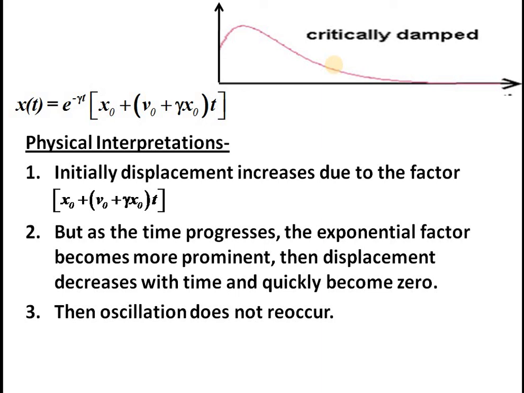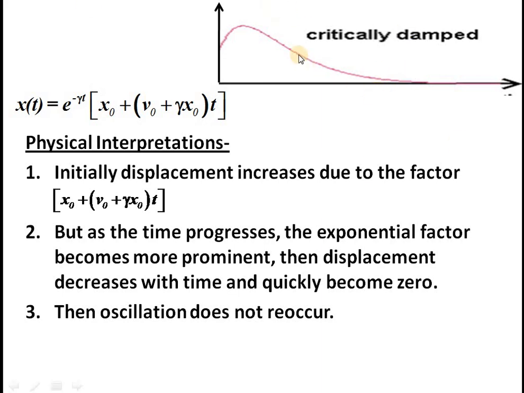So in a critically damped case, no oscillation happens, and the oscillator will simply come down to the equilibrium value without any oscillation, even though you put some excitation on the oscillator. For example, if you put an oscillator in a heavy viscous liquid, like viscous oil, and excite it, it will not execute any oscillation.